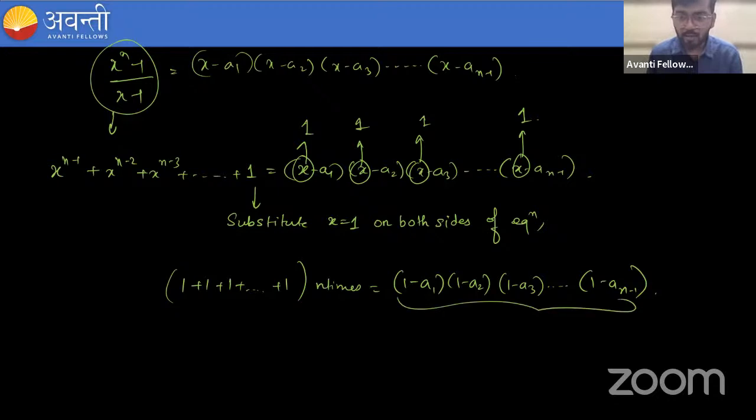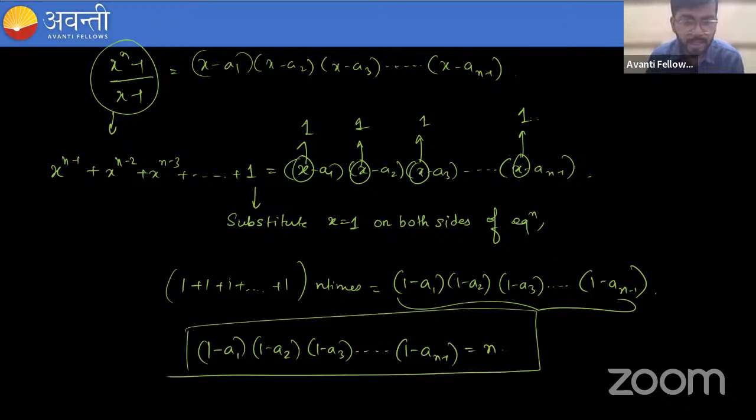So the value of this thing, the question which has been asked to us is 1 minus a1 into 1 minus a2 into 1 minus a3 up to 1 minus a n minus 1. This will become n, right? Since here there are n terms and the sum of 1 up till n times is n.